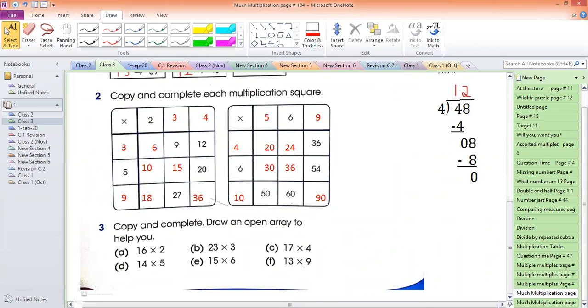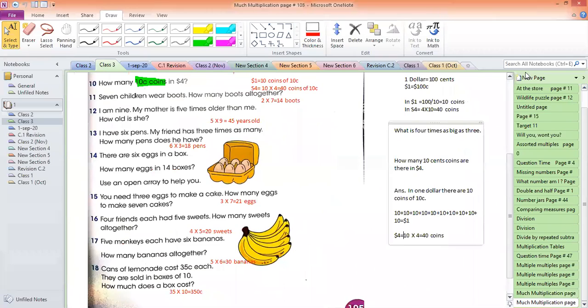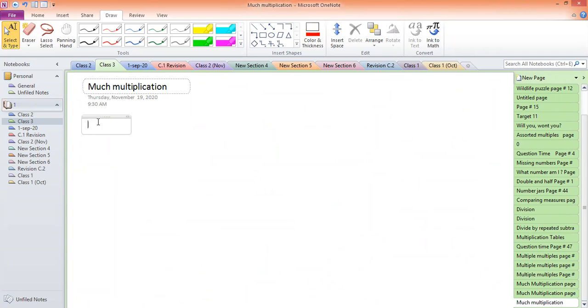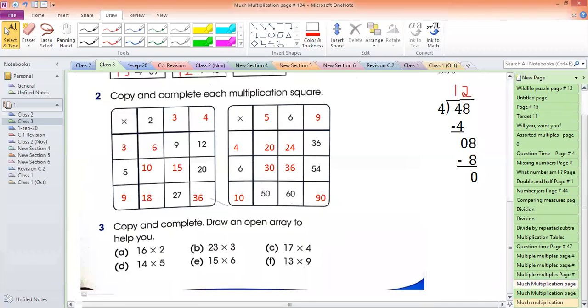Take out your notebook, guys. I'm going to write here. This is multiplication. Okay, and what you're going to do here: copy and complete, draw an open array to help you.